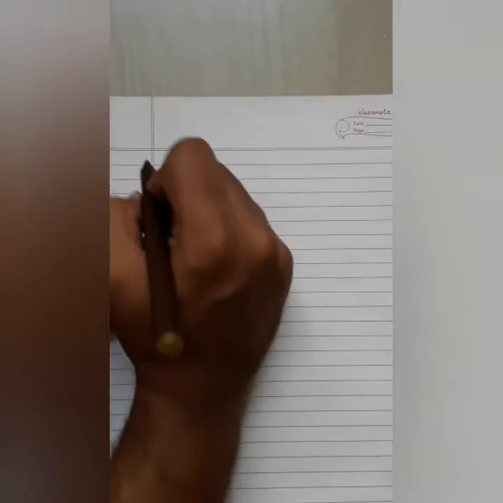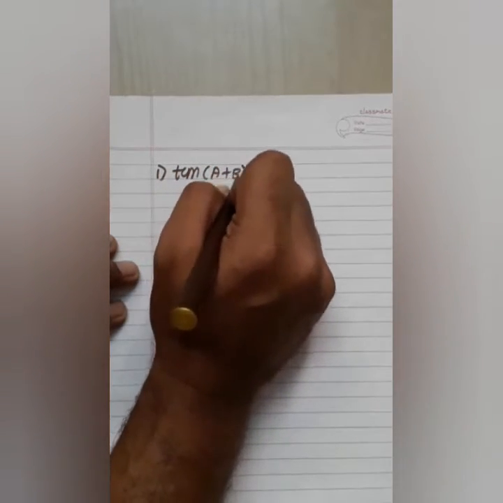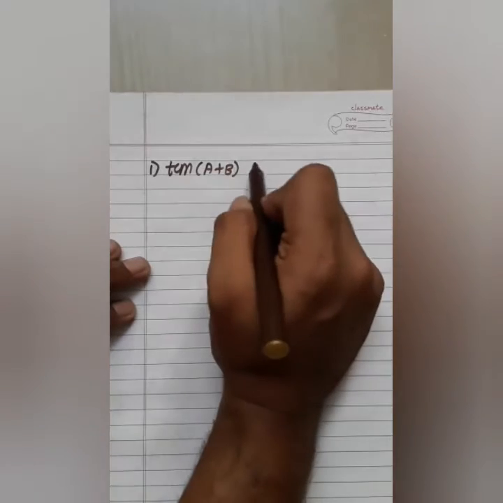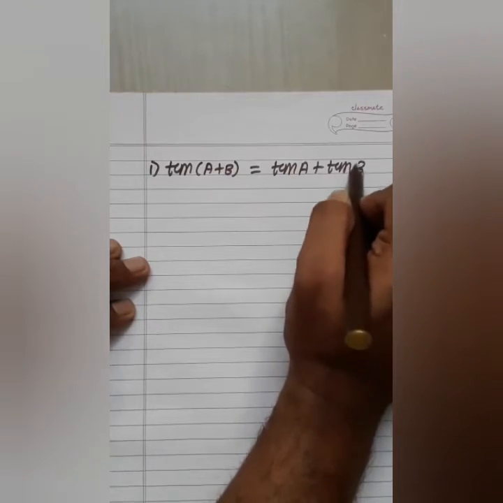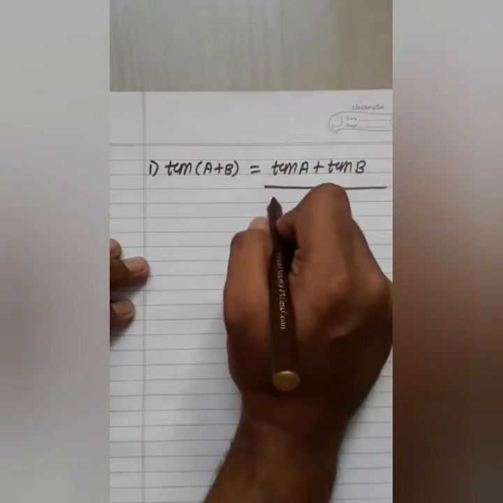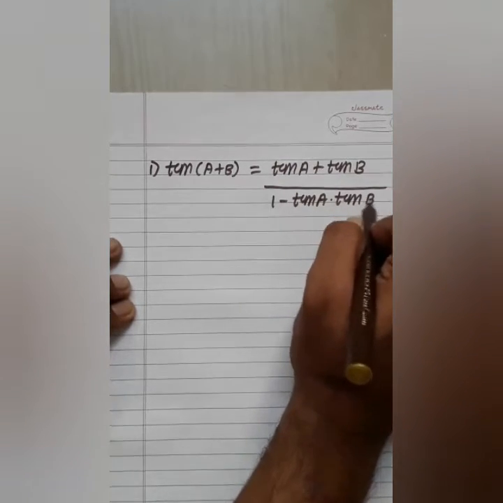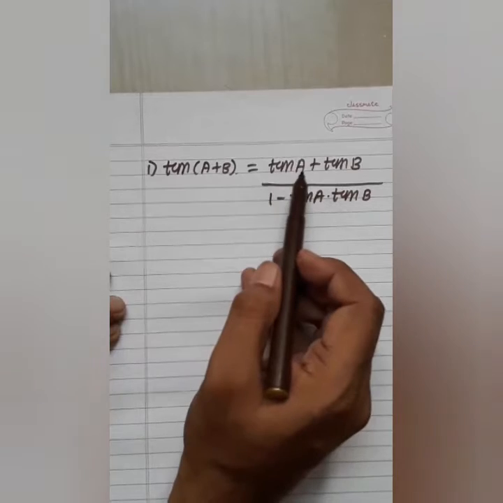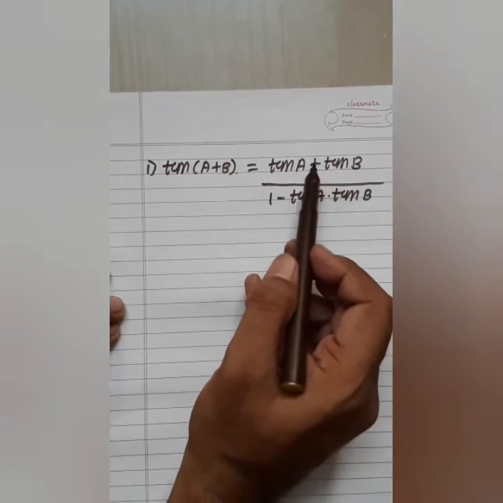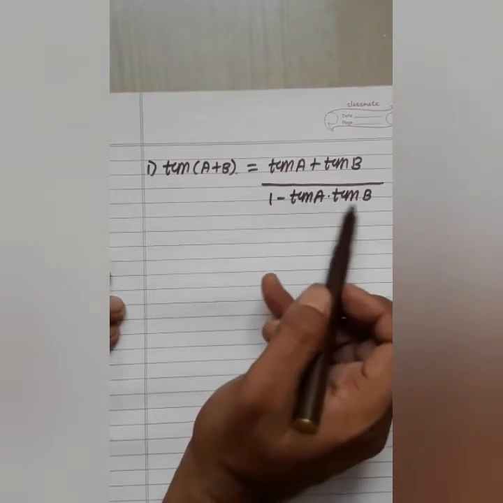First of all, the formula of tan(A+B): tan(A+B) is equal to (tan A plus tan B) upon (1 minus tan A tan B). In the numerator a plus sign is present, so in the denominator we change the sign: 1 minus tan A into tan B.